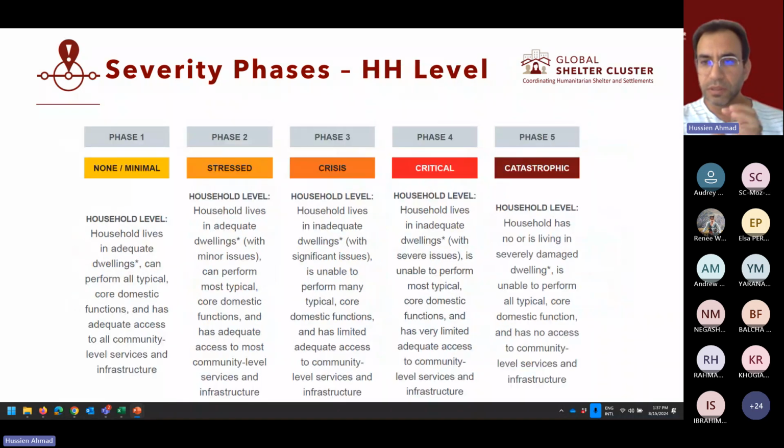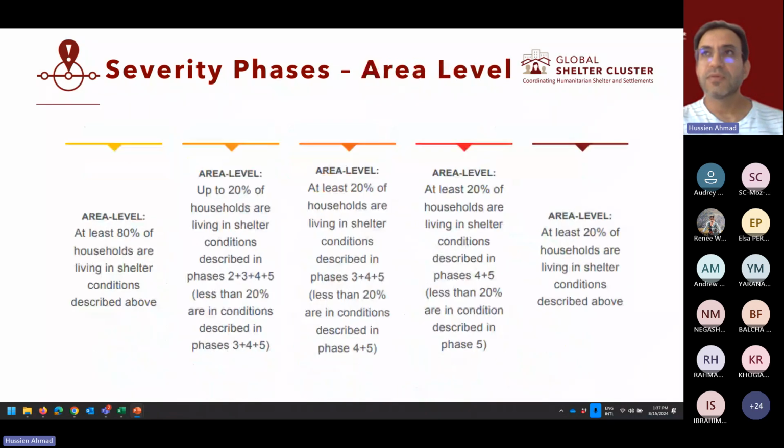At household level, we define the conditions, and at area level, we use the 20% rule to determine the severity level. As we said last time, we start from the catastrophic. If more than 20% of households are under that severity phase, then it is the one decided to represent the area.